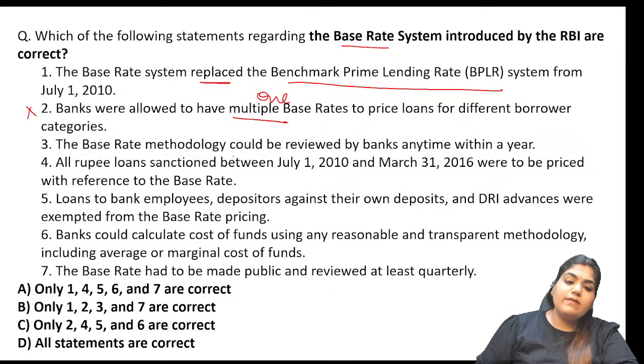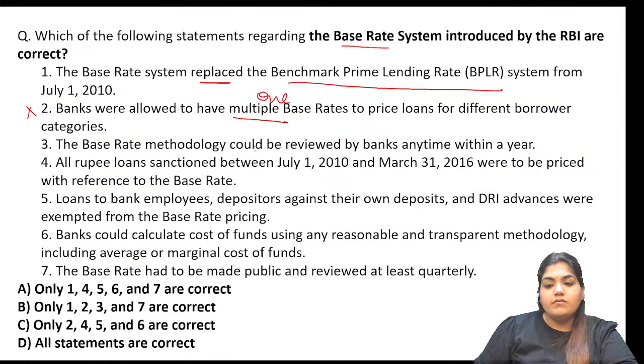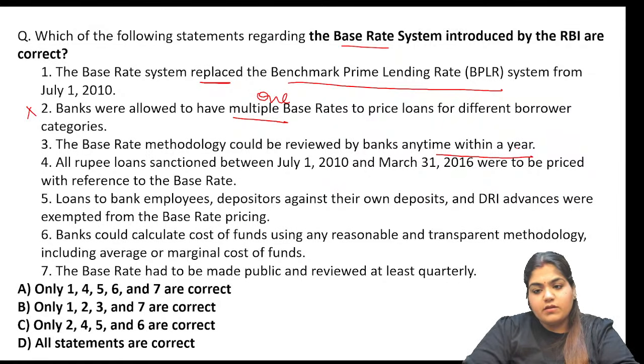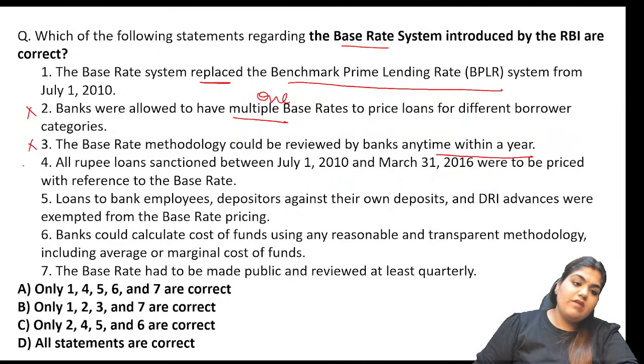The base rate methodology would be reviewed anytime in the year? It is reviewed after every 3 years. It is reviewed at least 3 years from finalization, we do not touch it. Statement number 3 is incorrect. Wherever 2 and 3 are mentioned, let's eliminate that.